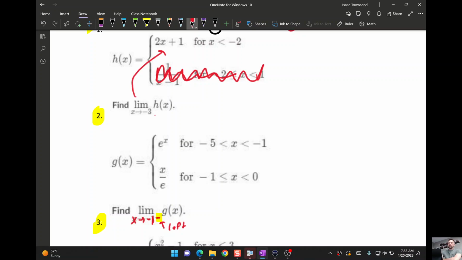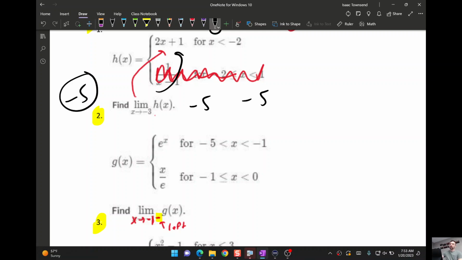Both of those should have been plugged up here. So slightly less than -3 gives you -6 plus 1. And then if it's slightly bigger than -3, but you plug it into the same thing, well, if you plug the same number into the same thing, you're going to get the same value. So -5. But you need to understand why I didn't use the bottom.